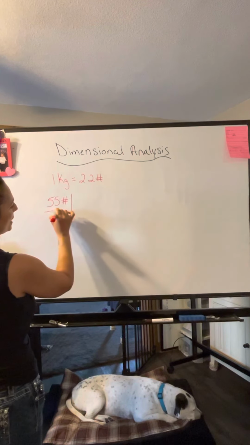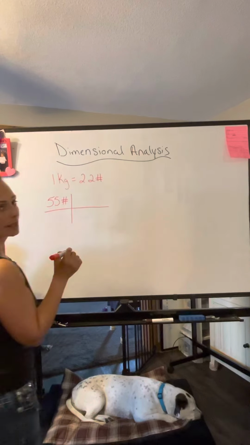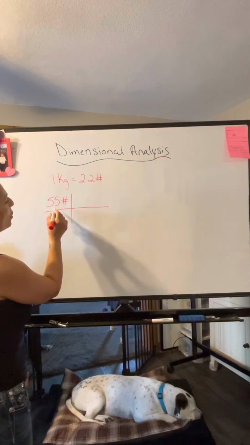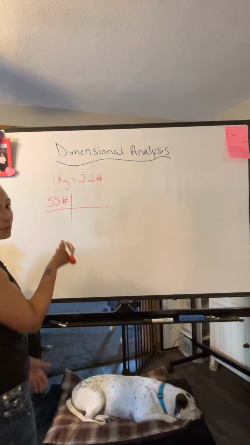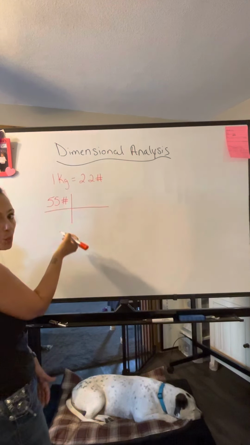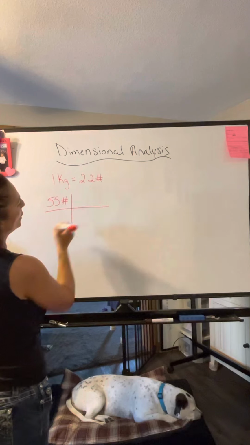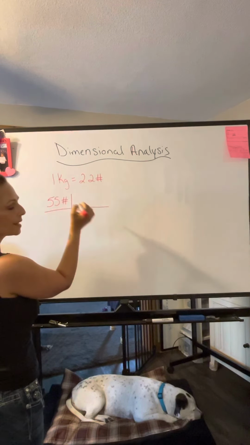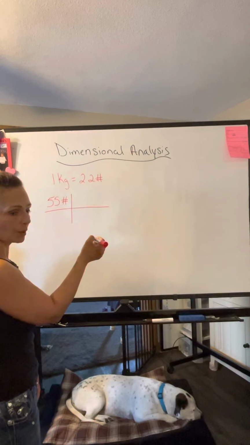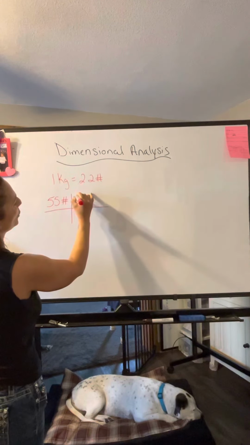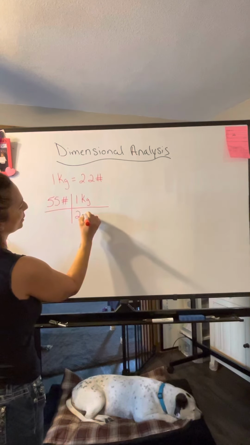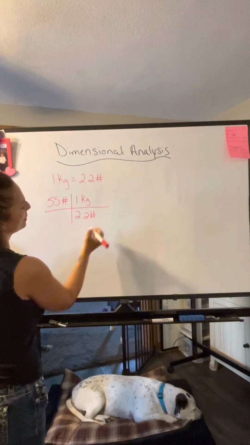I draw my dimensional analysis differently than that video, and I think this might help out. We always know that when we have a whole number that it really is 55 over 1. And then we want to do our conversion, and because whatever's on top, if the same thing is on the bottom, that's what's going to cancel. So we know that we're going to put 1 kilogram on top and 2.2 pounds on the bottom.